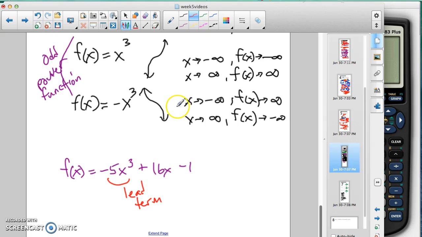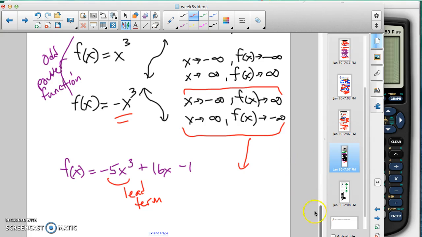So in this lead term, we would match a negative x cubed. It's going to match this one. So this is going to be our answer for our end behavior. Our end behavior is going to be matching this type of graph.